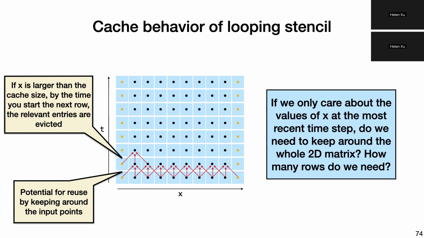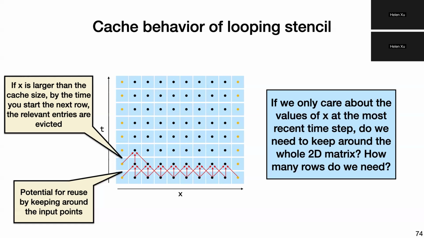Another point: let's say that we only cared about the value of x at the most recent time step. To compute at time t+1, we only need the row at time t. If we only care about the results of the simulation at the final layer, how many rows do we need to keep around? Do we need to keep around the entire matrix? Yes.